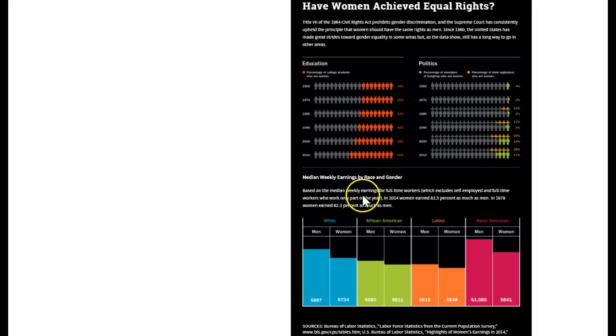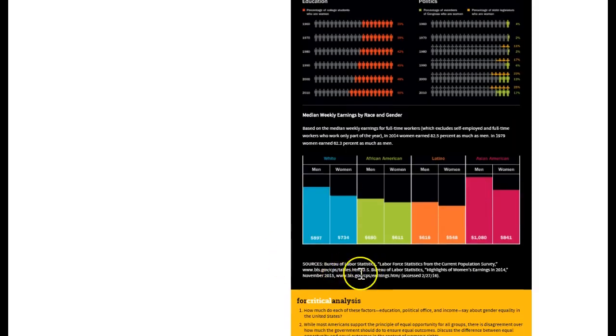This is really interesting, the earnings stuff. I know it's from the Bureau of Labor Statistics, but it just really doesn't factor in the fact that women have different goals in life, generally speaking. It just doesn't seem to take it into account.